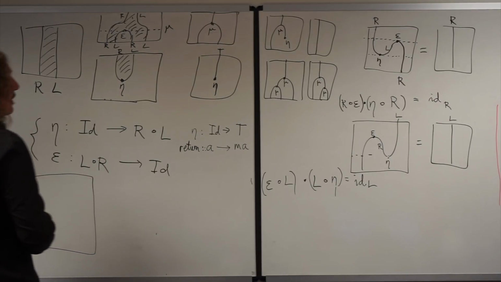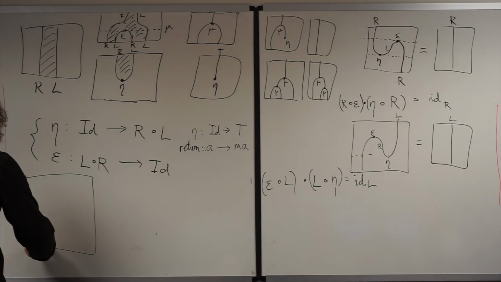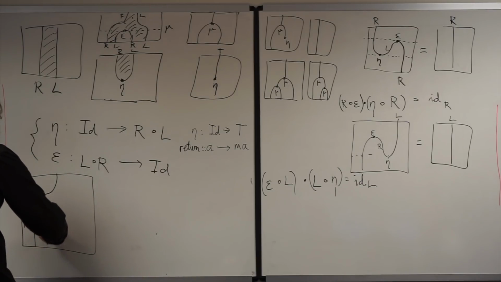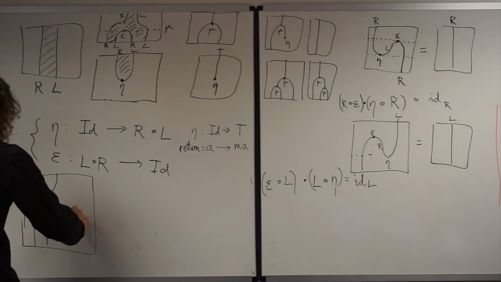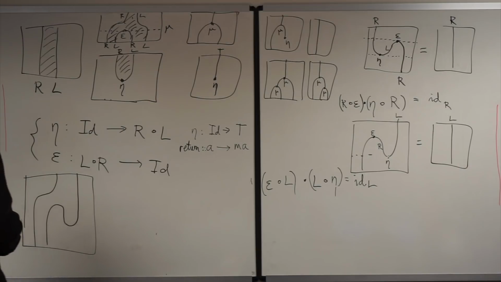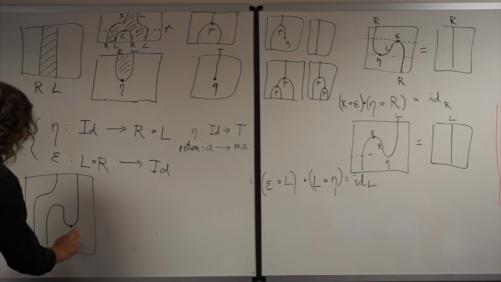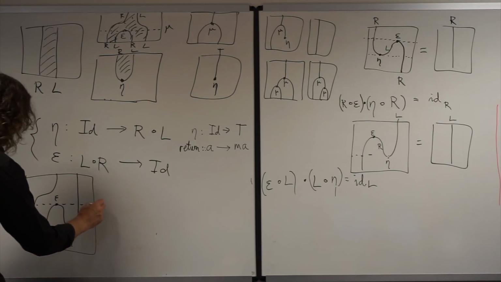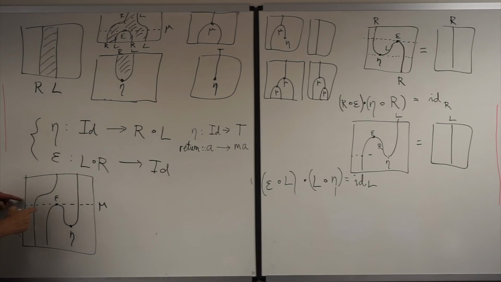using stripes. So it goes like this. Weird thing, but this is our eta, and this is our epsilon, and this is our mu. So our mu was, what is this?